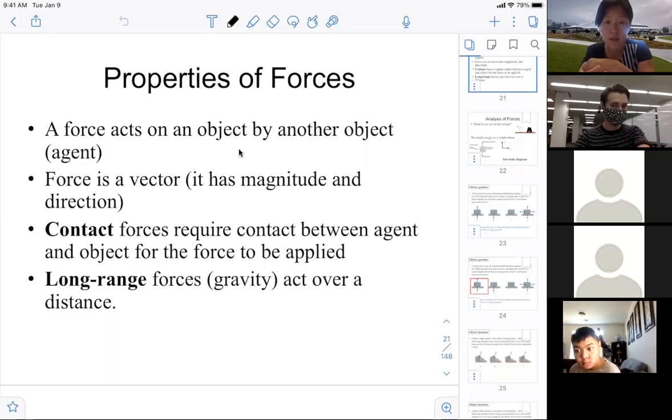Okay, there's a question: would long range force be the same as field force? So the field is an idea we came up with in classical physics to describe something sort of long range. In other words, people in the past also called it action over a distance.